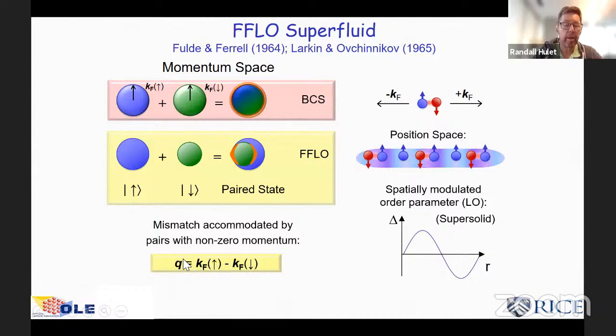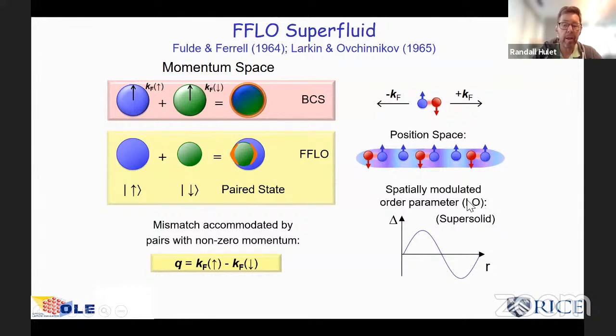The pairs can be formed with a net non-zero center of mass momentum, where Q is the Fermi momentum of the up spins minus the Fermi momentum of the down spins. So in position space, what might that look like?